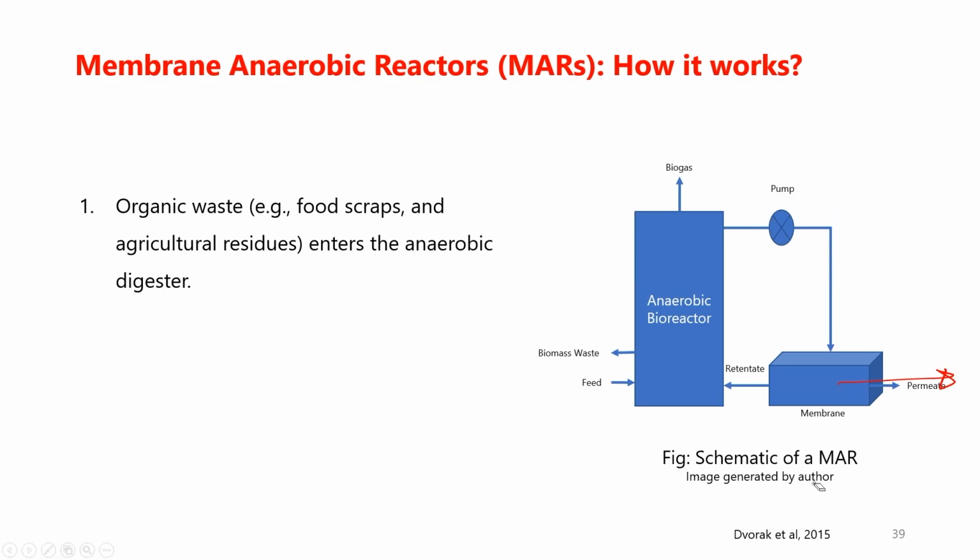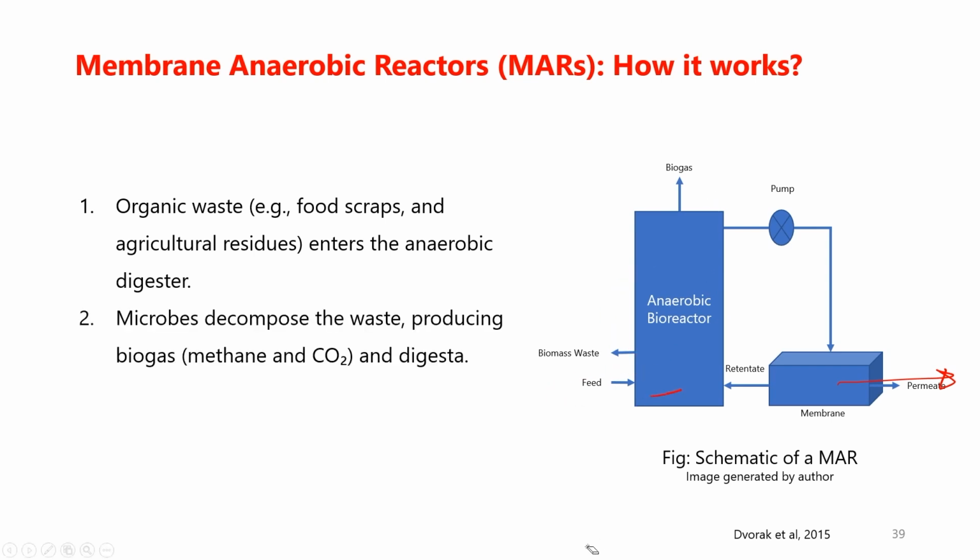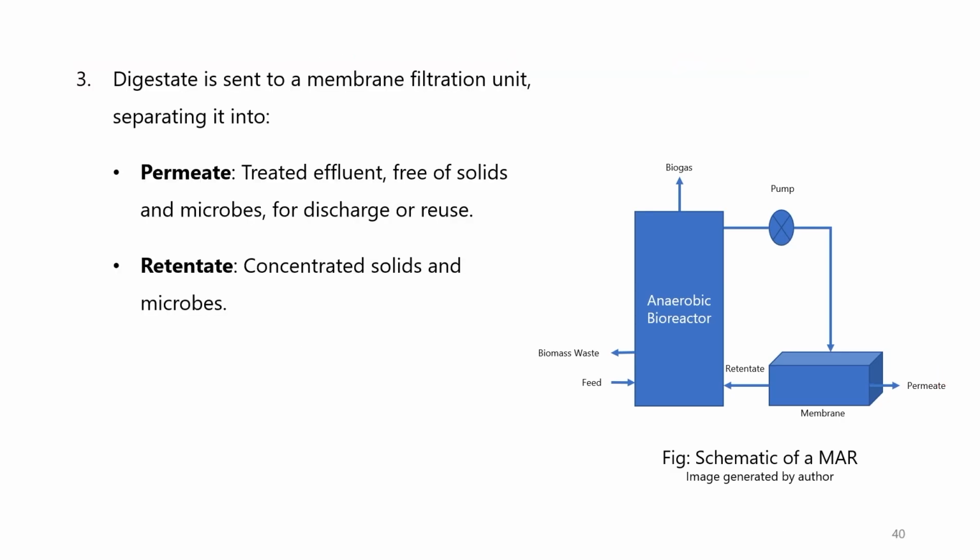So, organic waste like food scraps and agricultural residue enters this anaerobic digester. So, this is the feed which may be any of these wastes. Then the microbes will decompose the waste, producing biogas, methane and carbon dioxide, and also the digestate. Then the digestate is sent to the membrane filtration unit, separating it into permeate, that is the treated effluent free of solids and microbes for discharge or reuse.